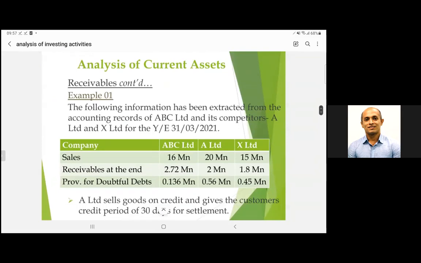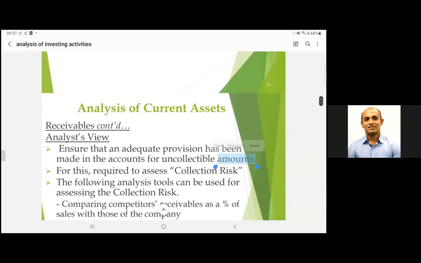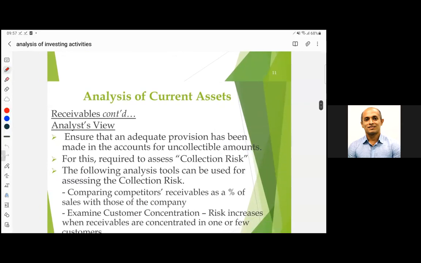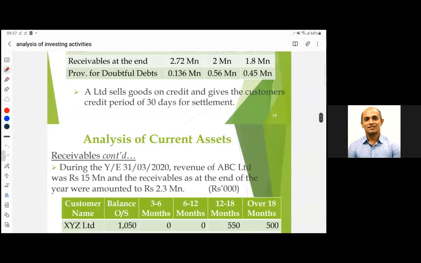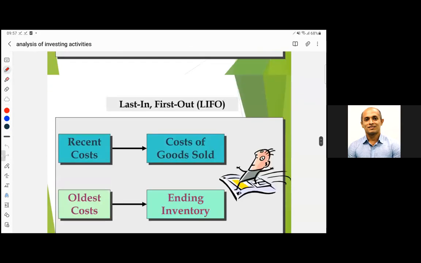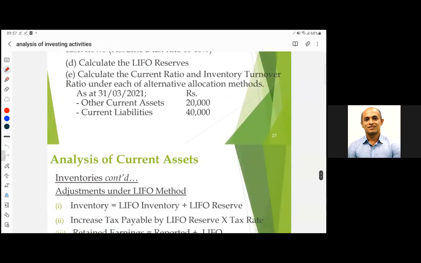Today we have discussed in detail analysis of inventory, then analysis of receivables. So next time we can complete analysis of receivables and analysis of non-current assets.